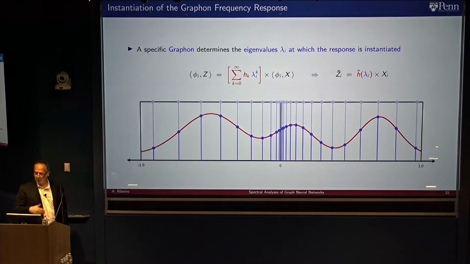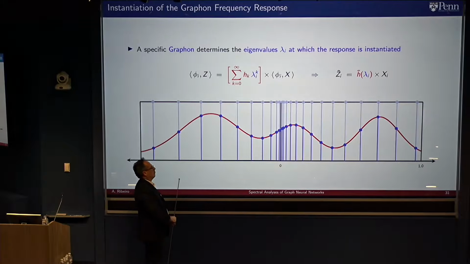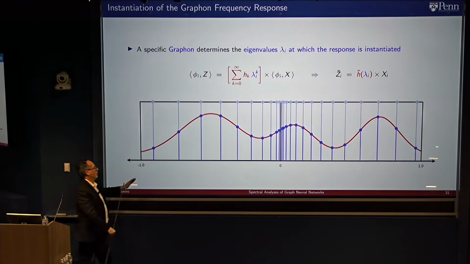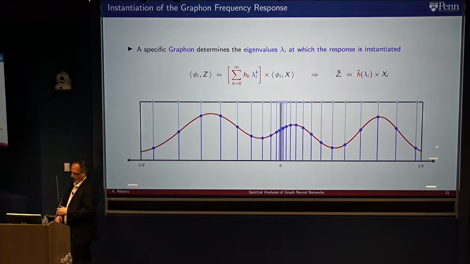Okay, how do we put this to use to understand transferability? Well, this is the instantiation of the graphon frequency response. Again, the frequency response exists in isolation. What happens when I particularize to a specific graphon is that this thing gets instantiated on some specific eigenvalues.